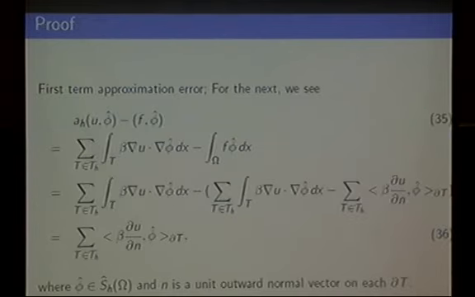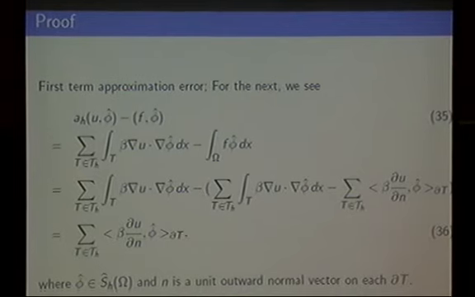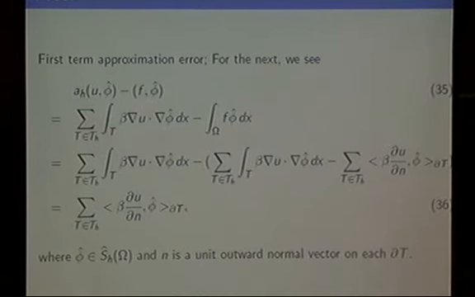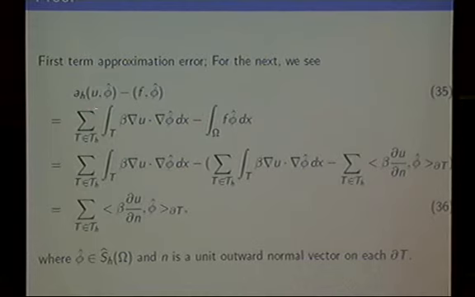To check the consistency error, we take the difference between A(u, phi) and F(phi), where F is Lu, the elliptic problem. Lu means just this one, minus divergence of beta gradient u, right?